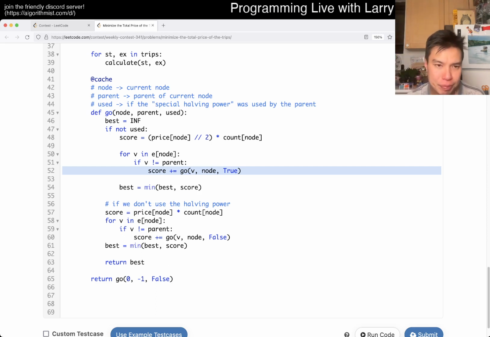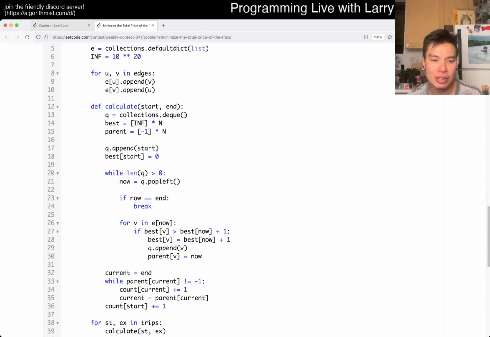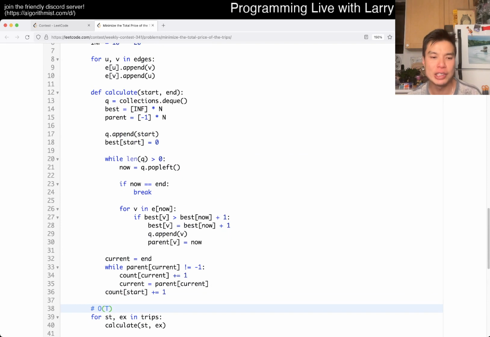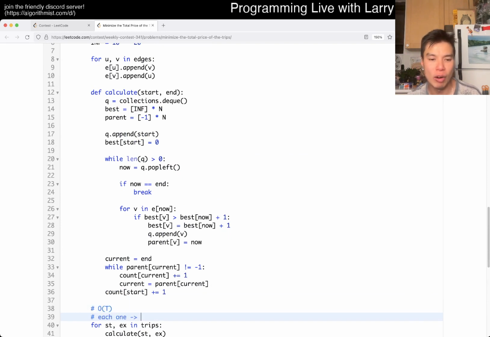But yeah. So this part for each trip. So there are O of t trips. Each one is going to be O of v square, or technically O of v plus y, but in this case, because it's a tree, wait, is it O v? Oh yeah, I guess it's v plus y. So maybe not even v square, I lied. Because y is v, because this is a tree, so this is O of v.